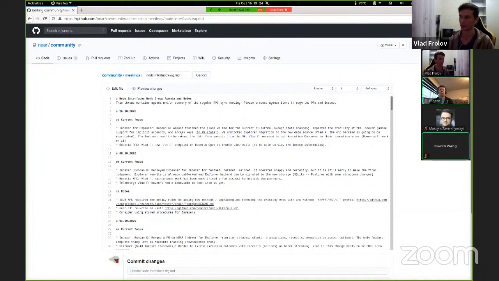But still, the main focus would be to provide sane flexibility while still allowing them to specifically view the lockup balances and stuff like that. That's, I guess, all from node interfaces right now, unless I forgot something.